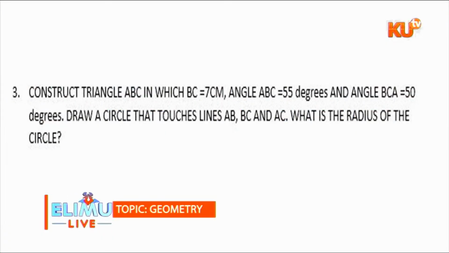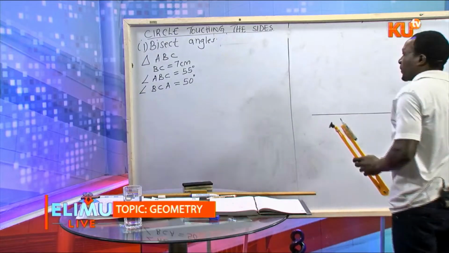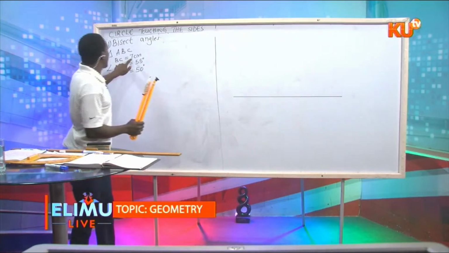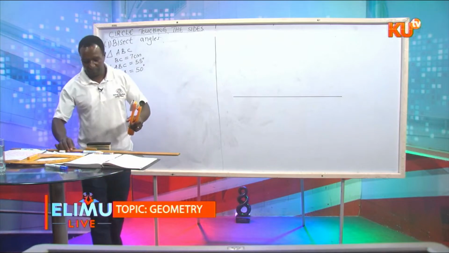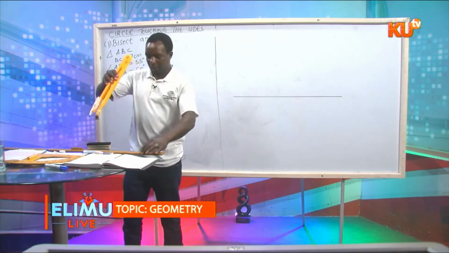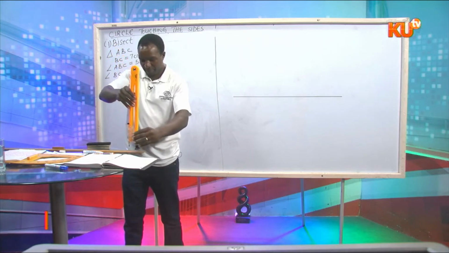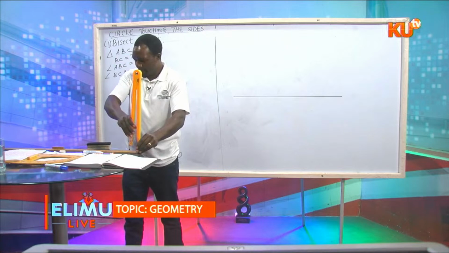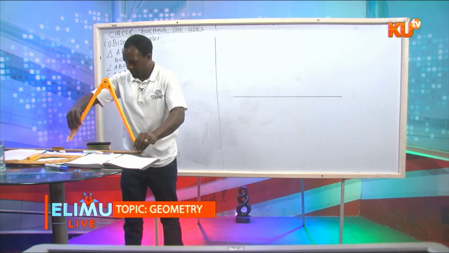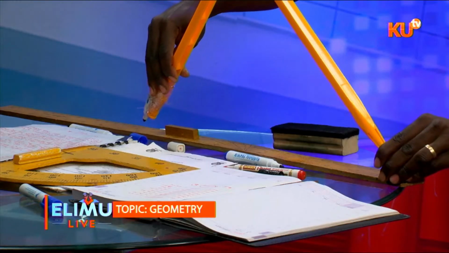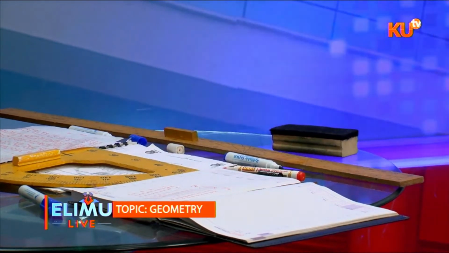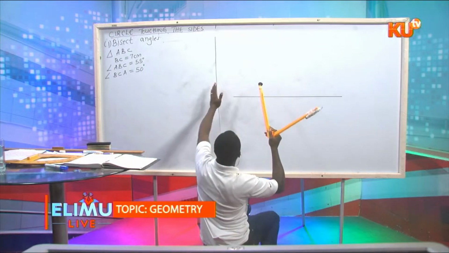Thank you. So let us continue. You have already drawn the line, and those who are progressing, let us say BC is 7 centimeters. Take your compass, measure 7 centimeters. Leave a small space on this side.